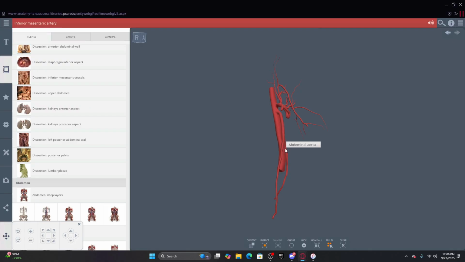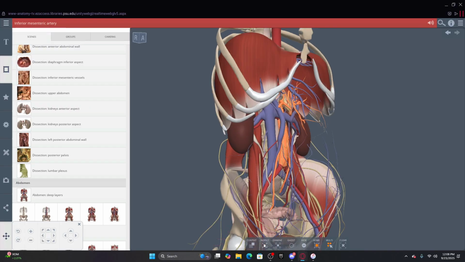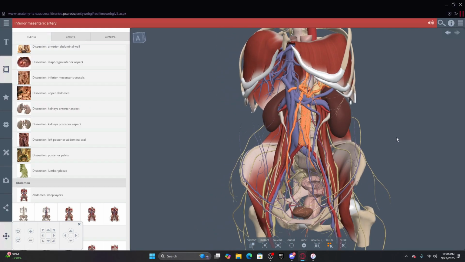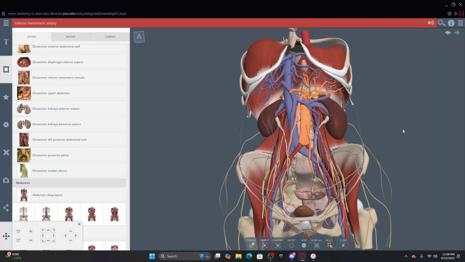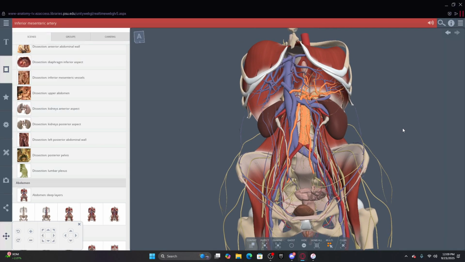Saying that, now that we have those, we're going to move on to the iliacs. So the next branch that we're going to be looking at is the common iliac artery, right? So we have the abdominal aorta. As soon as we leave the abdominal aorta, as soon as we go down, there's going to be a bifurcation, right?